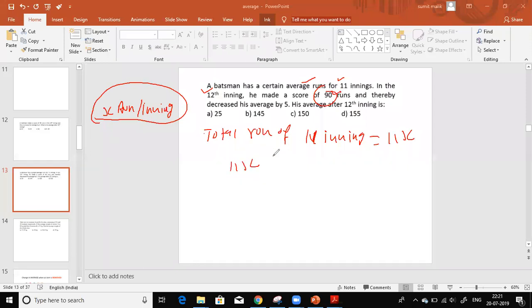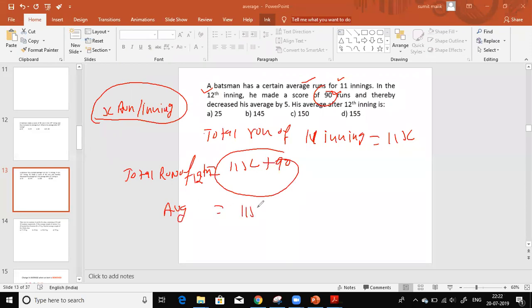In the 12th inning he is scoring 90, so plus 90. These are the total runs up to the 12th inning. So the average of the 12th inning will be 11x plus 90 divided by 12.